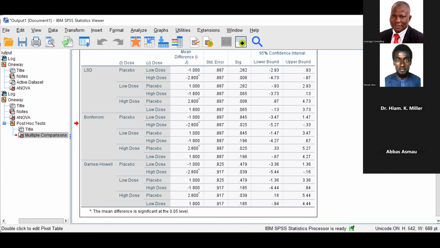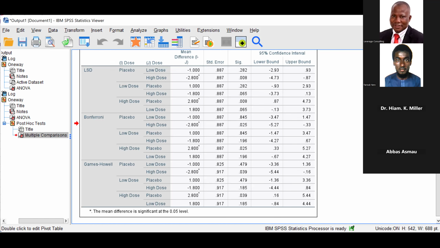If you look at the other methods, it's not even close to 0.0-something. And you see the one that is very significant, between placebo and high dose. You see that the LSD is very, very significant, 0.008, while the other one is 0.025, while the other one is 0.039.